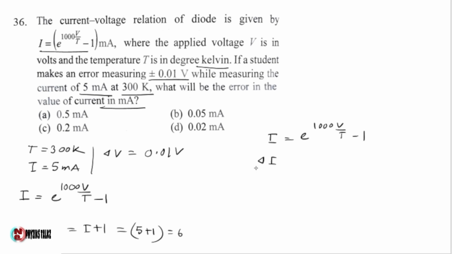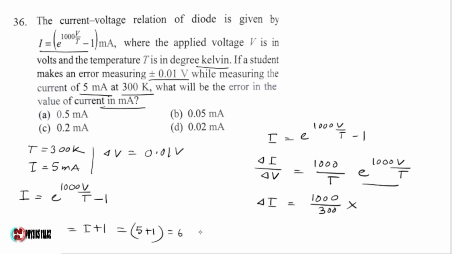Now delta I by delta V equals 1000 by T e to the power 1000 V by T, which gives delta I equals 1000 by temperature 300 into e to the power 1000 V by T, which is 6 milliampere, into delta V 0.01.